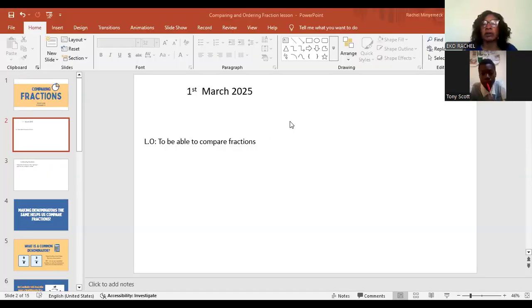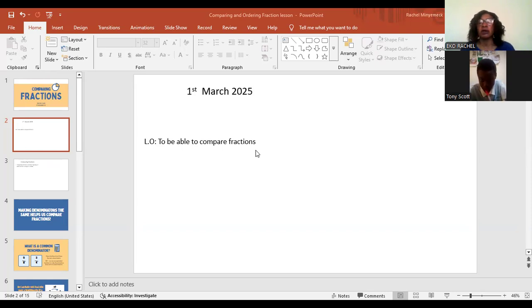Okay, so I'm going to share my slide now. You can see today is 1st March 2025. The learning objective is to be able to compare fractions.